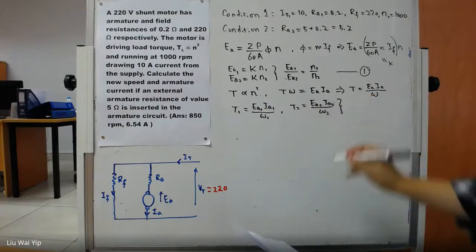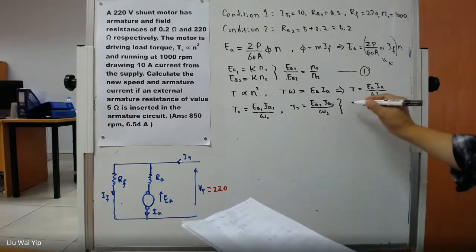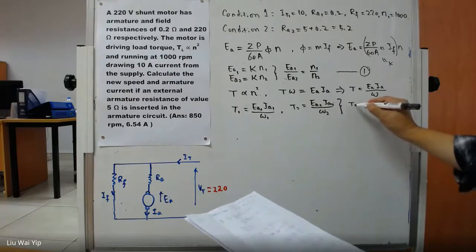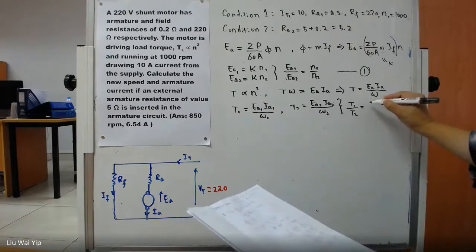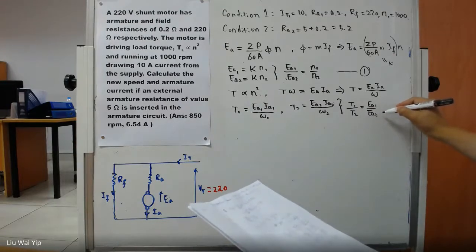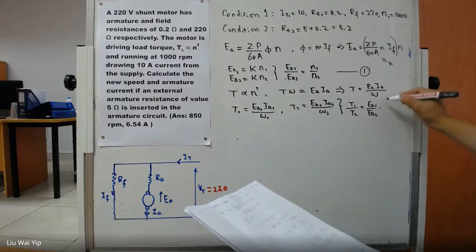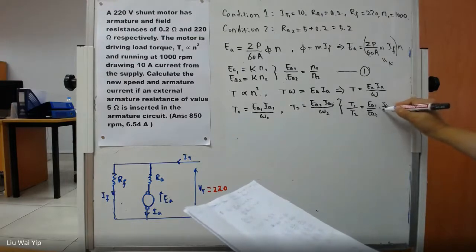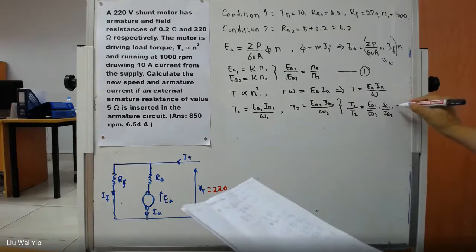And from here, we should be able to come up with T1 over T2, and this will be equal to EA1 over EA2, and then IA1 over IA2, and then omega 2 over omega 1.